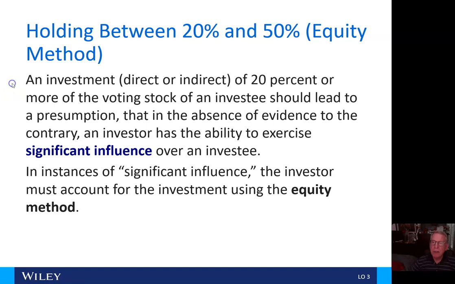So an investment, direct or indirect, of 20% or more of the voting stock of an investee should lead to a presumption that in the absence of evidence to the contrary, the investor has the ability to exercise significant influence over the investee. In instances of significant influence, quote unquote, the investor must account for the investment using the equity method.